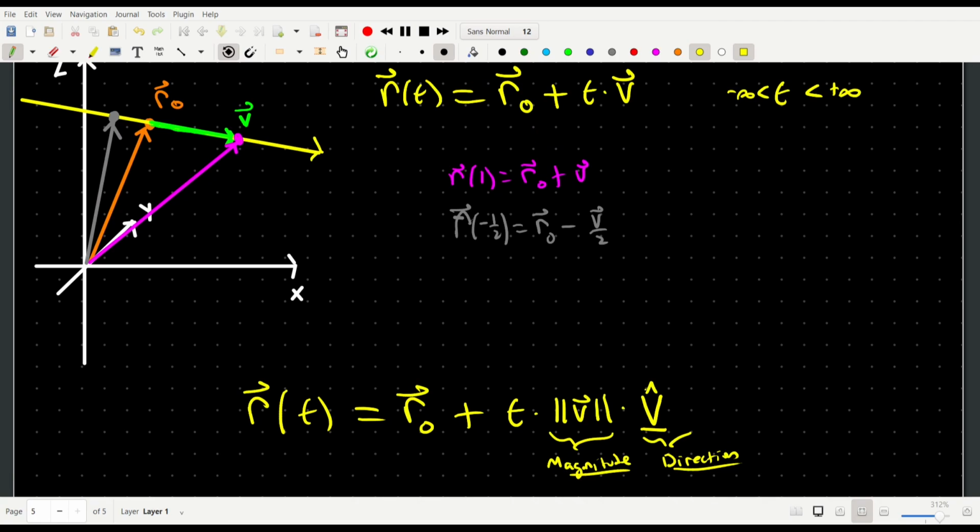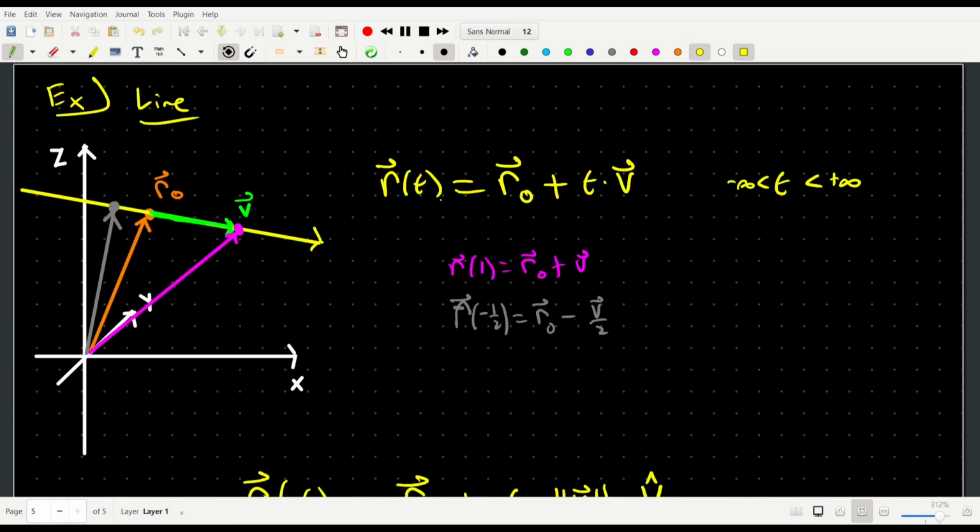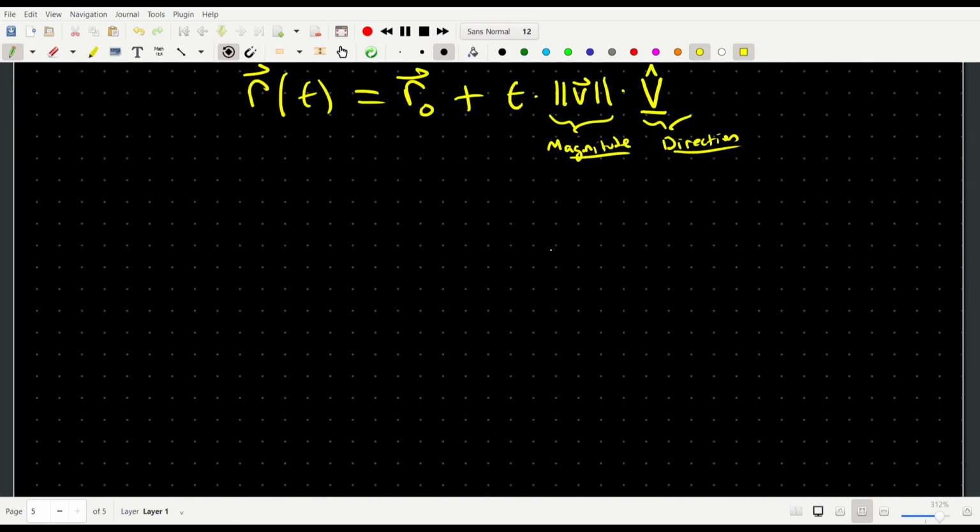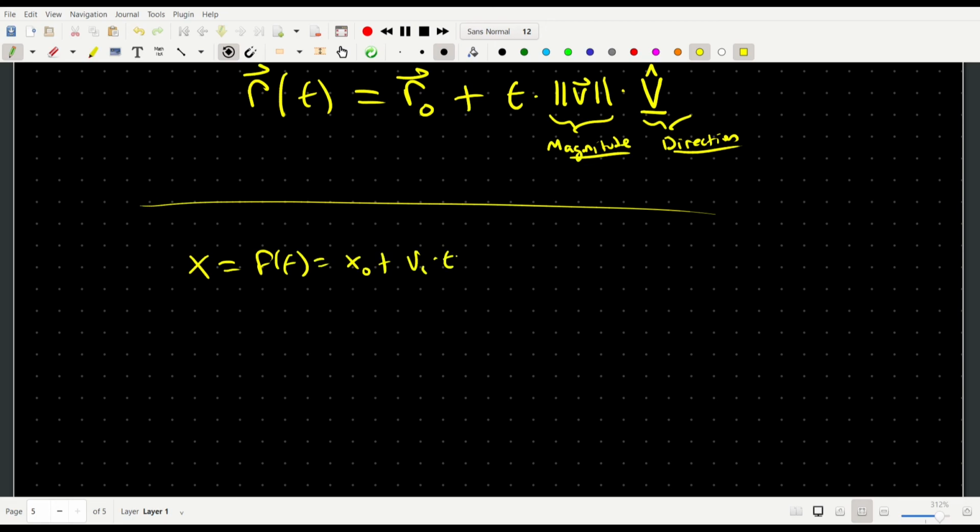But the idea is that you can see this equation reduces to three separate equations. When you plug in x, y, and z, you get that x is equal to f of t, which is x naught plus v1 times t. y is equal to g of t, which is y naught plus v2 times t.